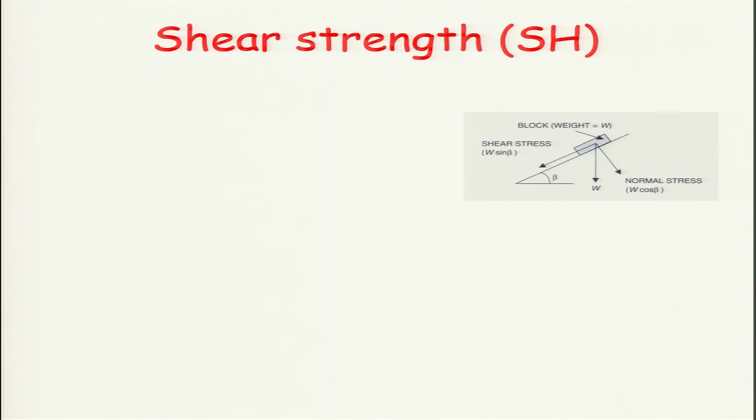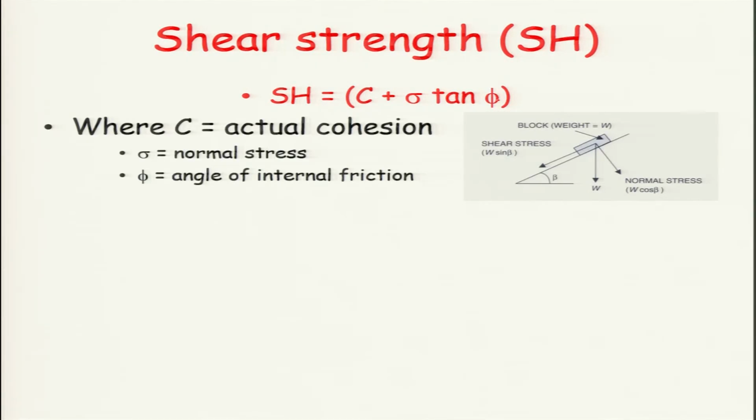Now, if we take shear strength of the material, that can be resolved as C plus sigma tan phi. Tan phi is your internal friction coefficient, and C is your actual cohesion. So, as I was saying, sand is cohesionless. So, the internal friction coefficient or angle of internal friction will be different than other material, like silt or clay.